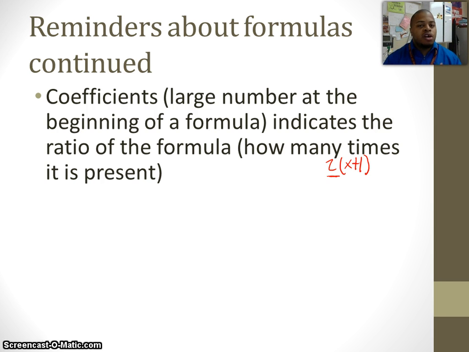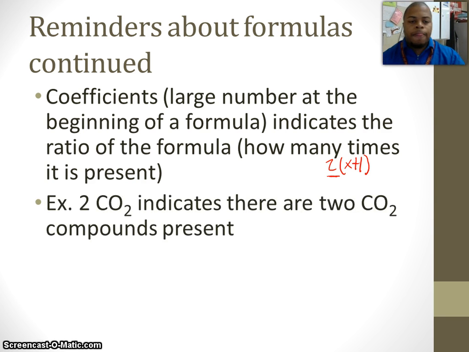You notice I'm using the term moles a lot. It's just, again, pointing out how many of them we're dealing with in terms of the overall reaction. So if I write 2 CO2, this tells me that there are 2 moles of carbon dioxide, or 2 CO2 compounds or molecules present.